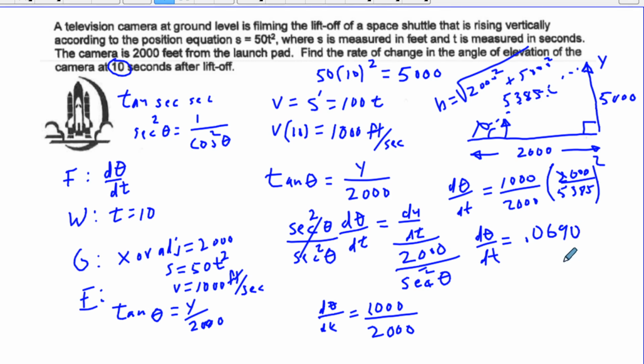And that's going to be radians per second, because we're looking at seconds, right? So that's the rate of change of the angle here, radians per second.